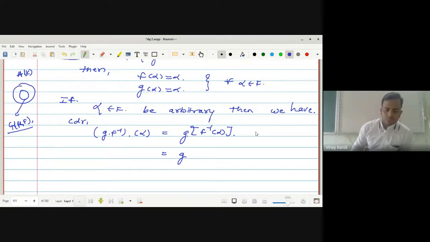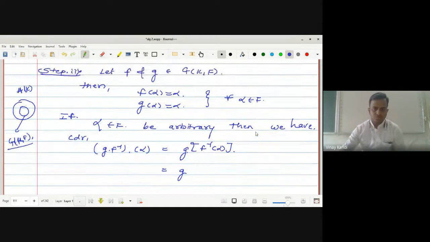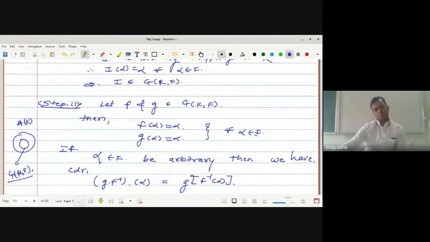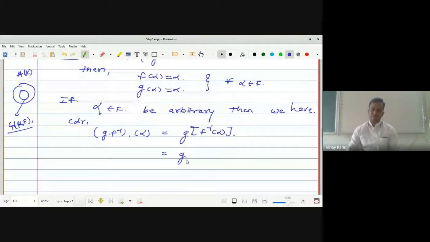What is f inverse of alpha? f inverse of alpha is equal to alpha. Why? Because we have f of alpha is equal to alpha, implied and implies, f inverse of alpha is equal to, again, alpha. So by the definition of g, g of alpha is alpha.